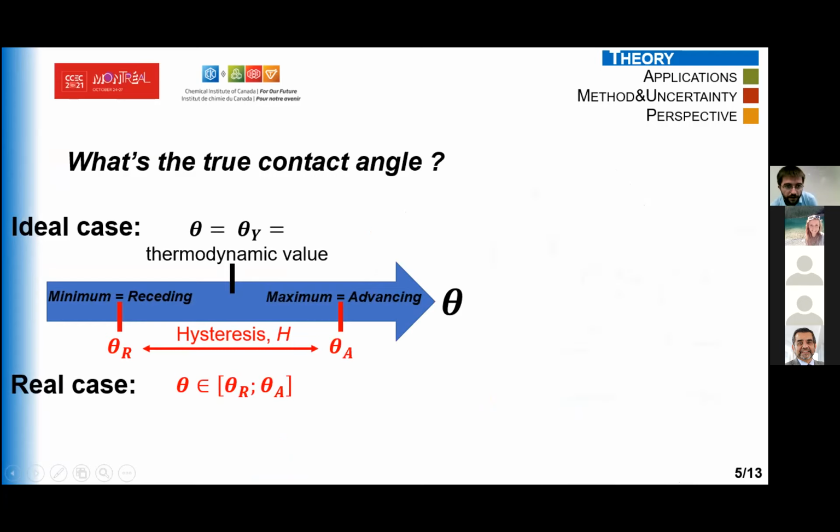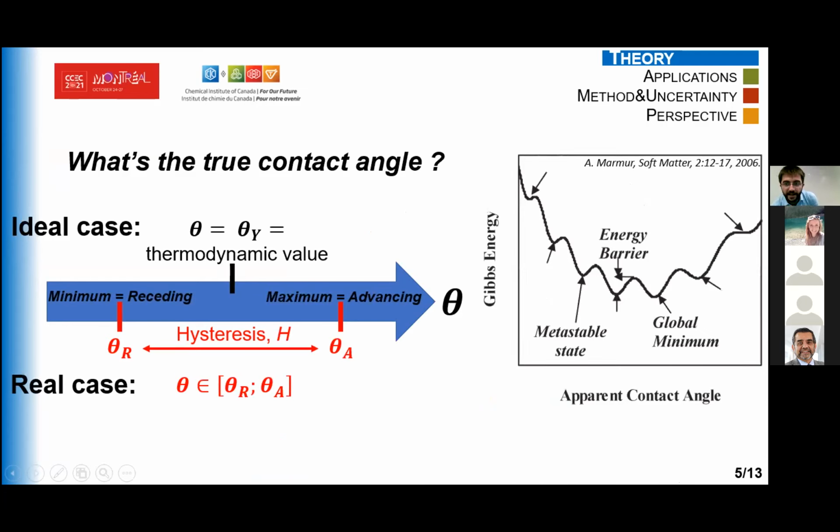The reason you have all these possibilities is because, if you consider energy, any small feature on the surface will create metastable states in which your system can just be stuck. So you have a maximum contact angle available and a minimum one, and it's not easy to determine which one is actually the global minimum.